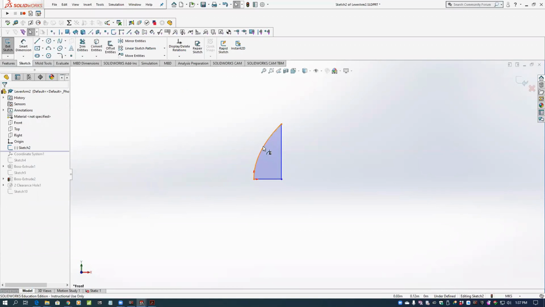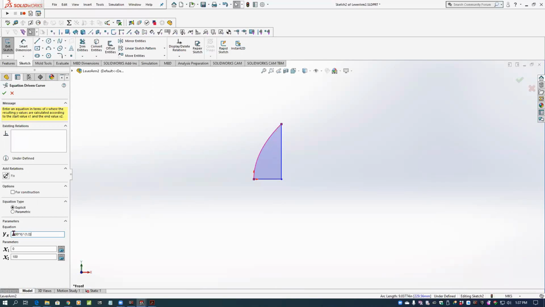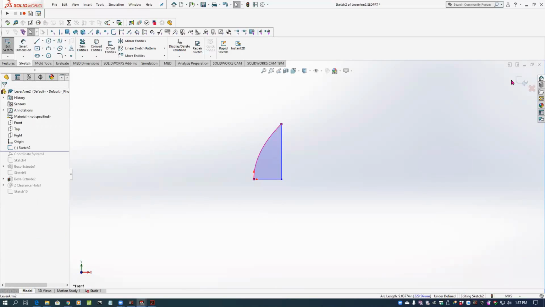And in that equation-driven curve, you can put in this equation here of 400 times x to the power of 1/2 in parentheses from 0 to 100, and make sure that my units, so I can put those in millimeters.